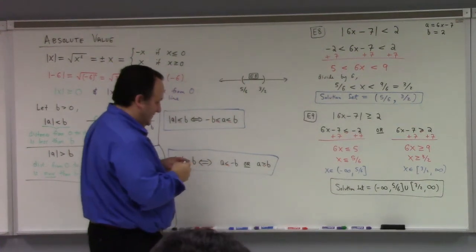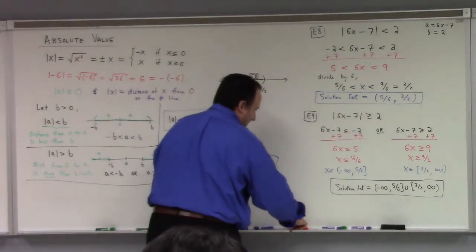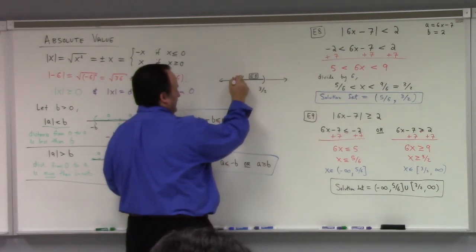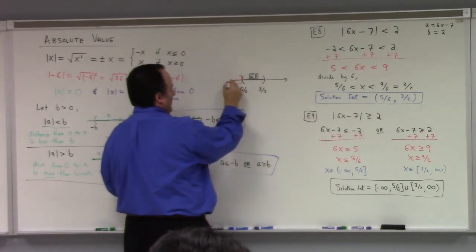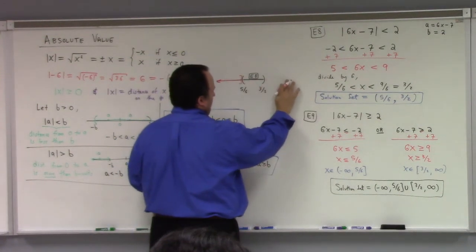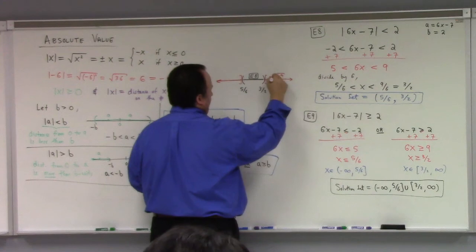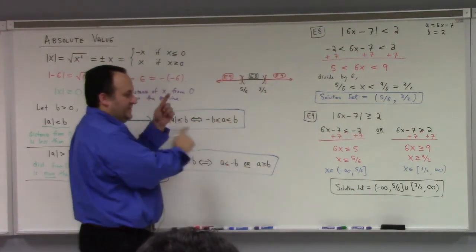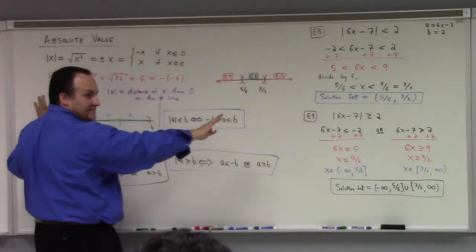Where is example 9 solution? See, the example 9 solution is at 5/6 on out, or at 3/2 on out, right? So if you put them together, you have everything.